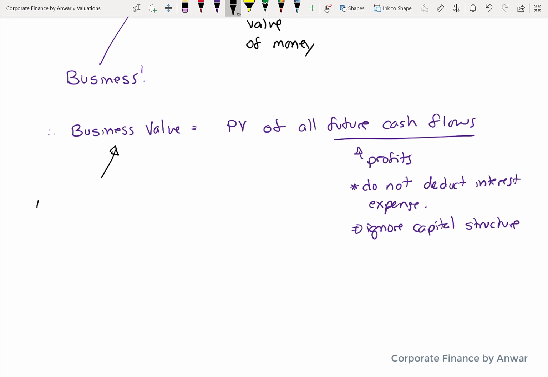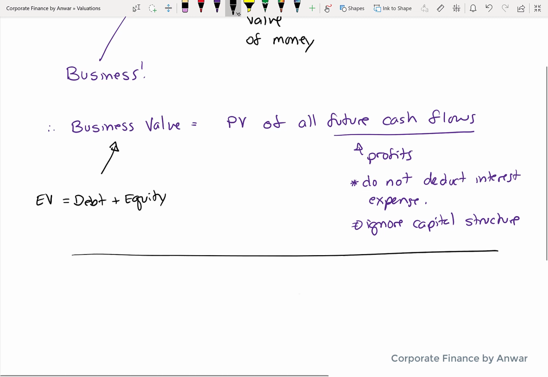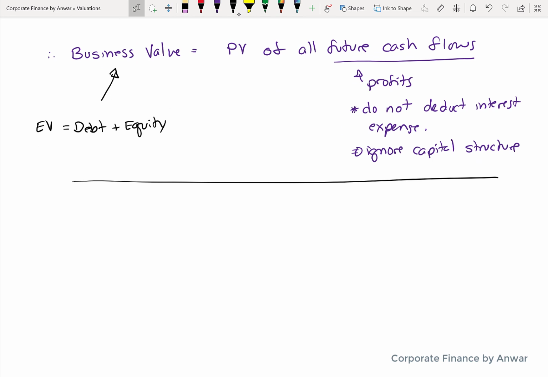In order to do that, you are going to take only part of the income. So you can't take net income from an accounting statement, because that already has interest deducted. Now remember that the business value that we're calculating here is the enterprise value, so it's debt plus equity. And essentially the enterprise value is going to be the present value that we end up with in the calculation.